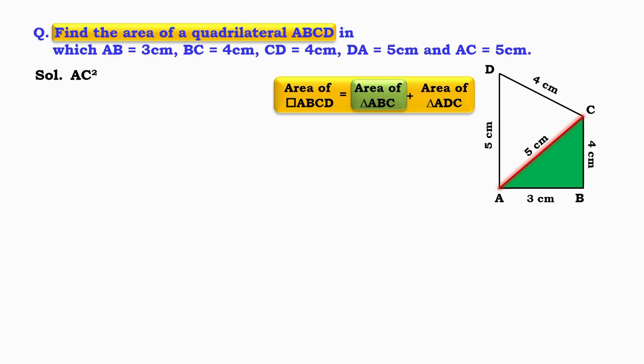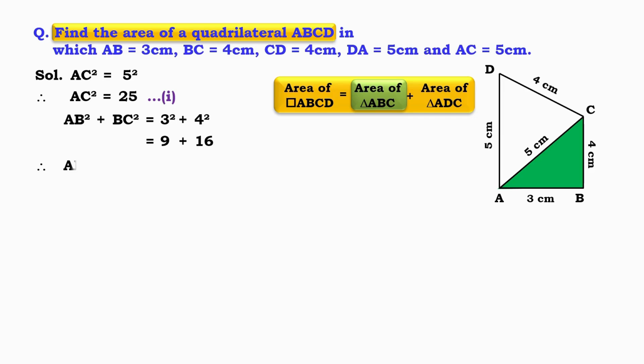Here we can check AC square equal to 5 square, that is equal to 25. Now let us check AB square plus BC square. AB is 3, so 3 square, plus BC is 4, 4 square. That is equal to 9 plus 16, which is equal to 25.